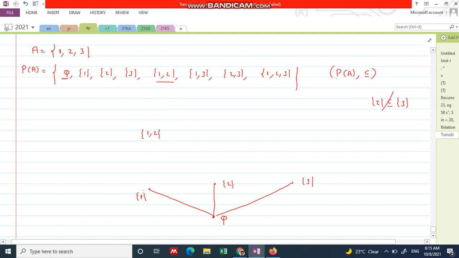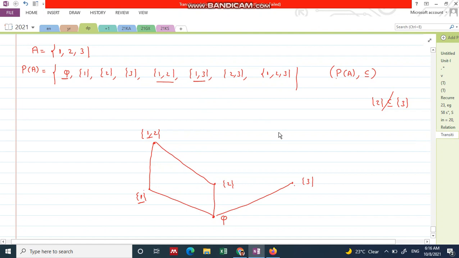Now you see that singleton 1 is obviously a subset of this, because this element is also in this set. Similarly, 2 is also in this. Now, what is the next element? Next is 3, but do not join 3 with this because 3 is not a member of this set. Now, the next element is {1, 3}.